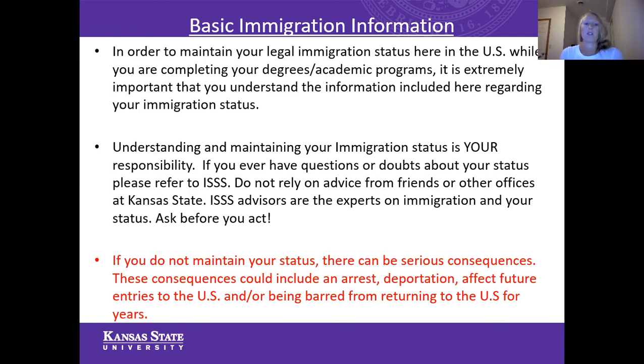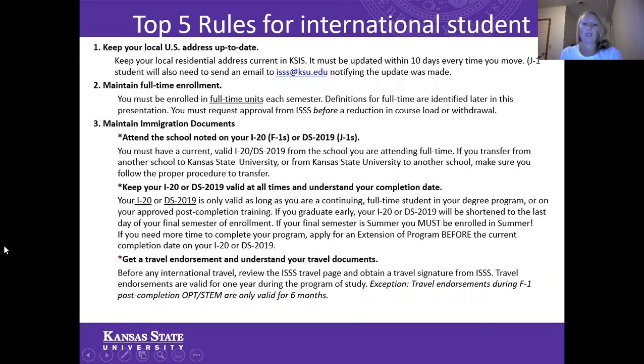There are many laws and regulations that pertain to you as an international student. We have categorized those into 5 different areas. Number 1, always keep an address on file with International Student and Scholar Services. This is both a US or local address, your home address here in the United States, as well as a permanent address abroad.